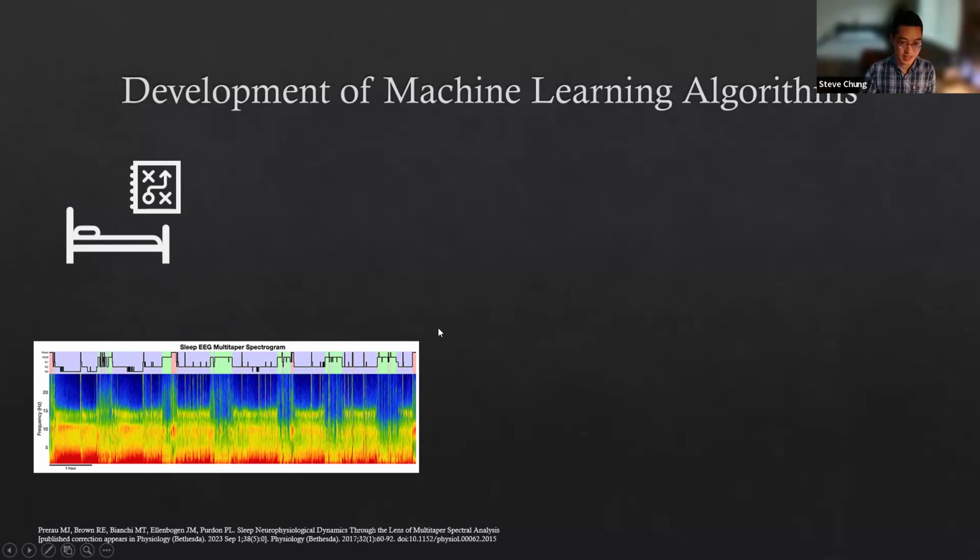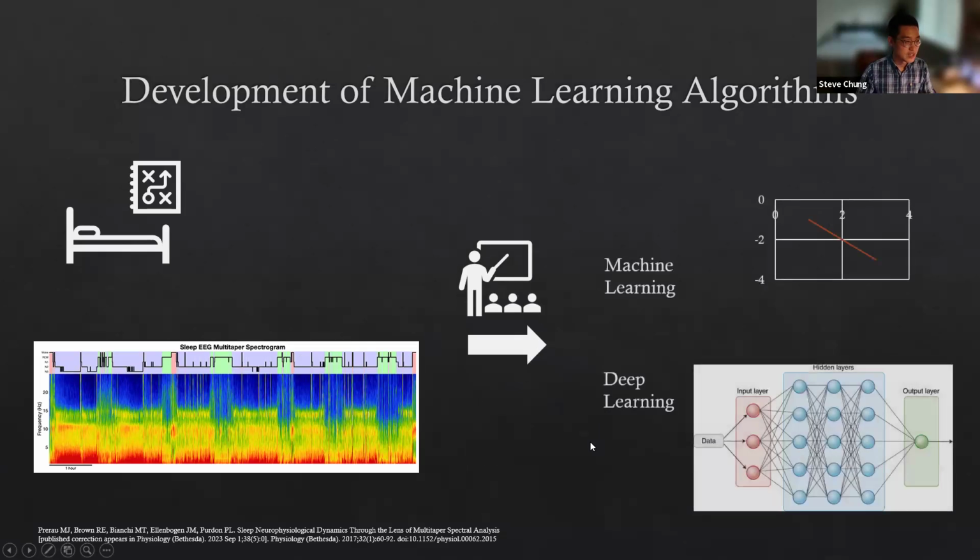I'll go into that in the next slide. But with these two data, we input them into a machine. So we train this machine either supervised, unsupervised, or however many ways it is being used, but primarily they're all supervised learning. And it learns by either machine learning or by a deep learning network.